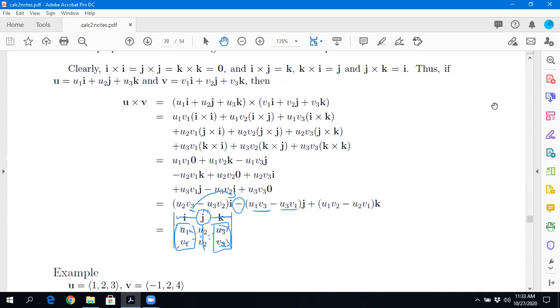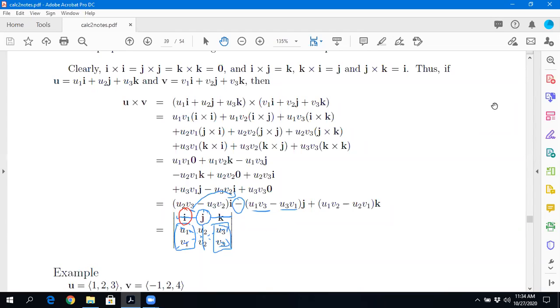If it's odd, it's a minus. So if I was at position I, for instance, what row and column is that? That's row 1, column 1. Row plus column is 1 plus 1, which is 2. Is that even? Yes. So you would do a plus sign, yeah?